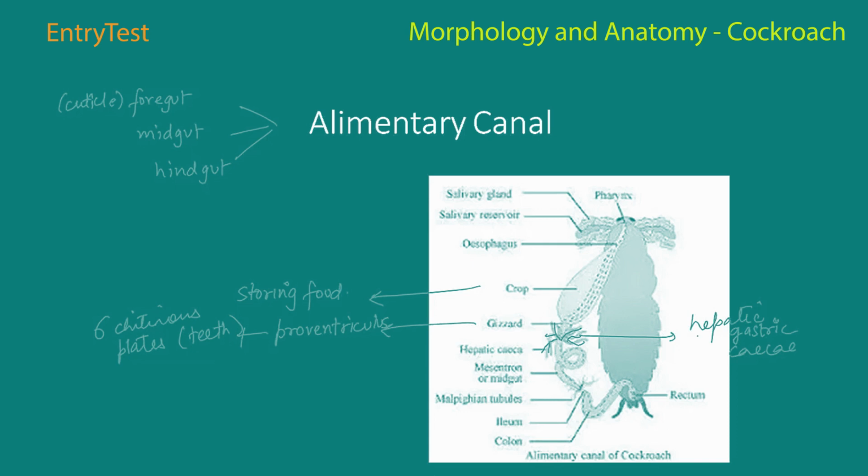So everything above this is the foregut, and this is the midgut starting from here. At the junction of the midgut and the hindgut, there's another ring of 100 to 150 yellow colored tubules known as Malpighian tubules.